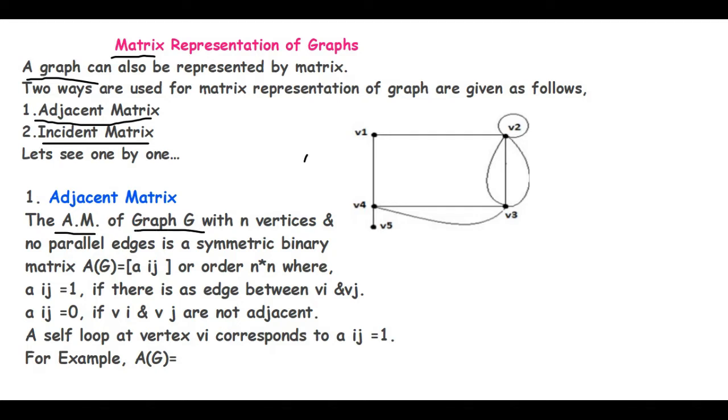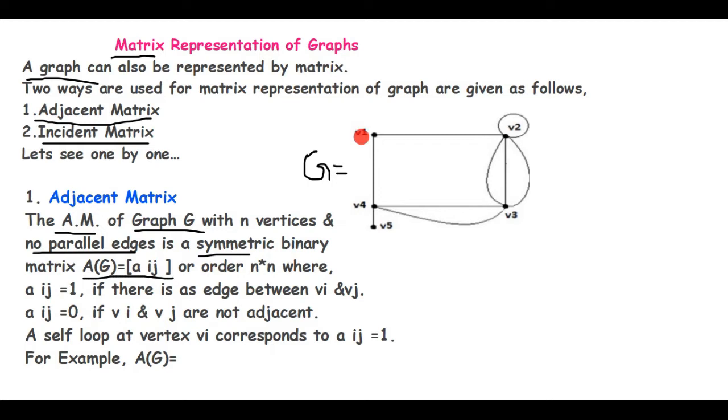This is graph G, with n vertices and no parallel edges, is a symmetric binary matrix A of G equal to A of ij.